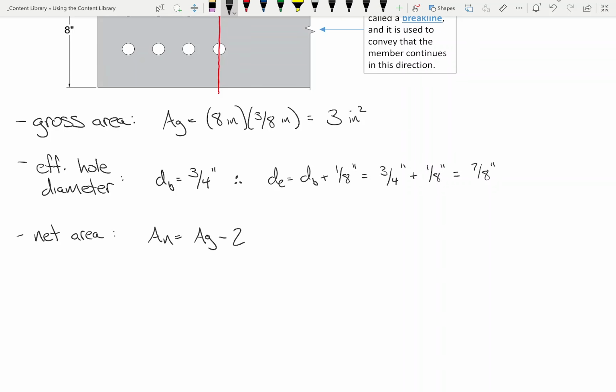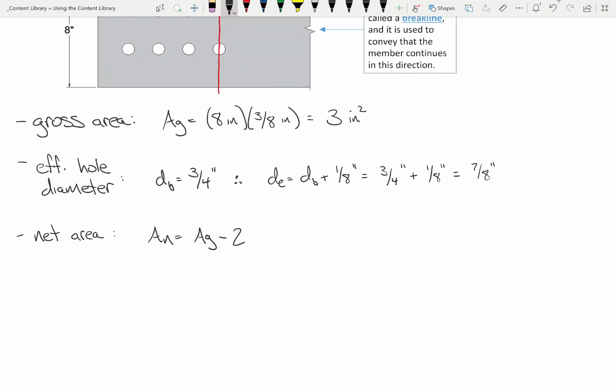So basically 2 times the area of a hole. So what is the area of a hole? Pi d squared over 4. That is a very understandable answer. It's wrong. Diameter times thickness. That is the right answer.